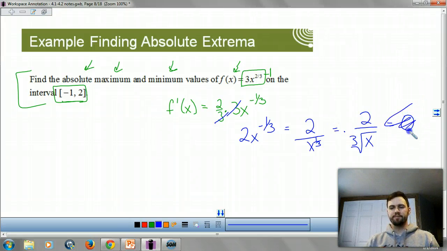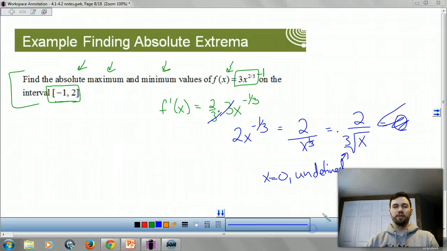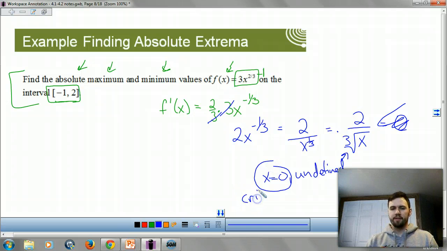But is there a spot where this is not defined? Well, can you divide by 0? No. So when x equals 0, we're undefined. So x equals 0 is a critical point.